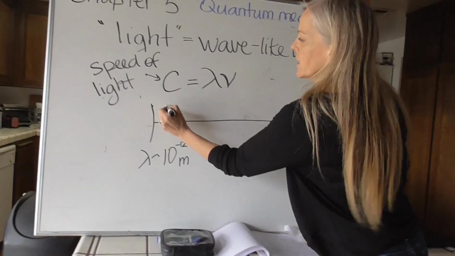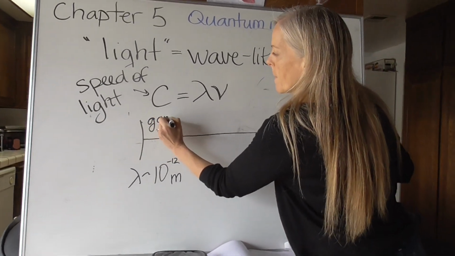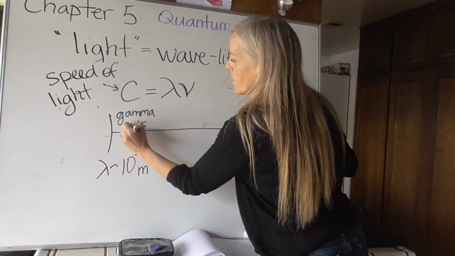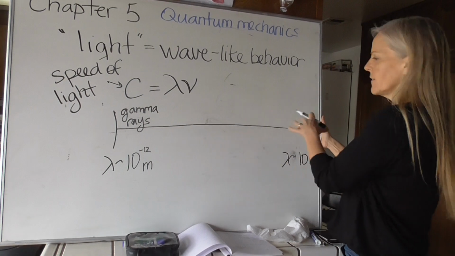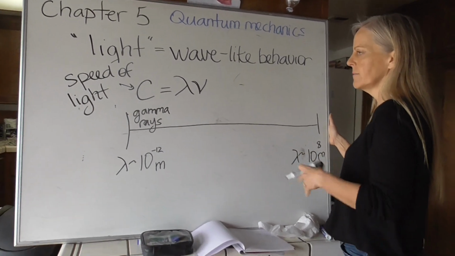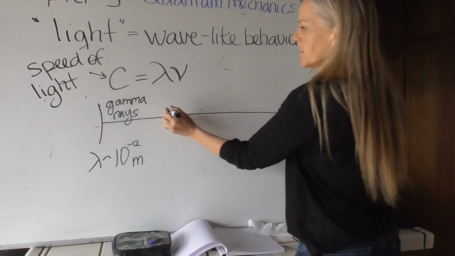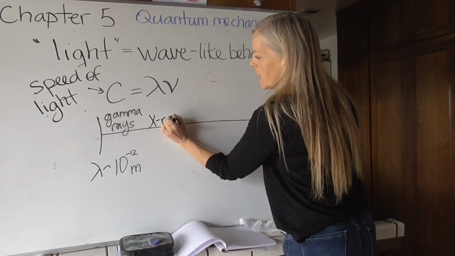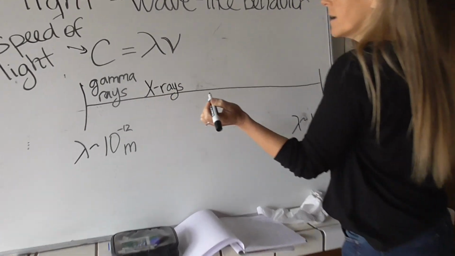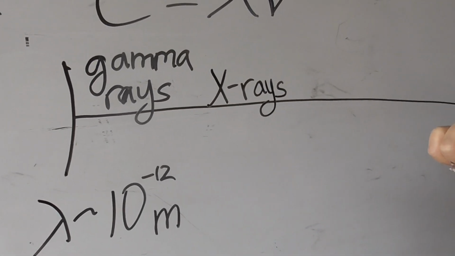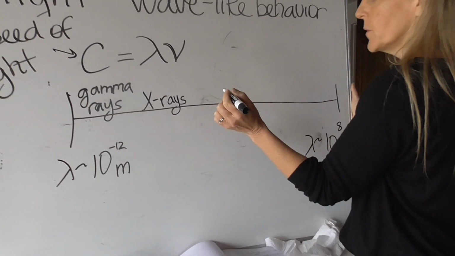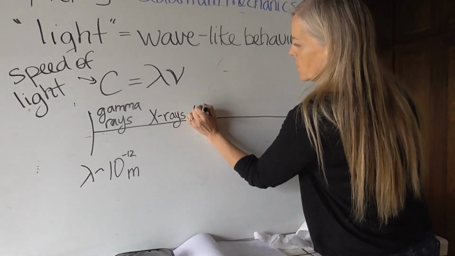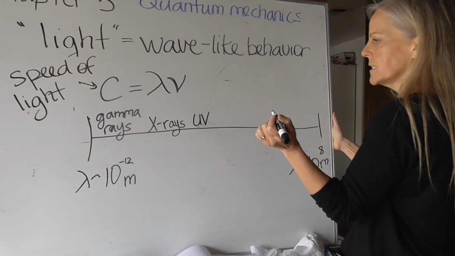All the way down here are things like gamma rays. And there's all these definitions in between, but we'll just do some of the bigger ones that are talked about. I'm sure you've heard of X-rays. And then we have ultraviolet light. We'll just put UV because we're going to run out of space.